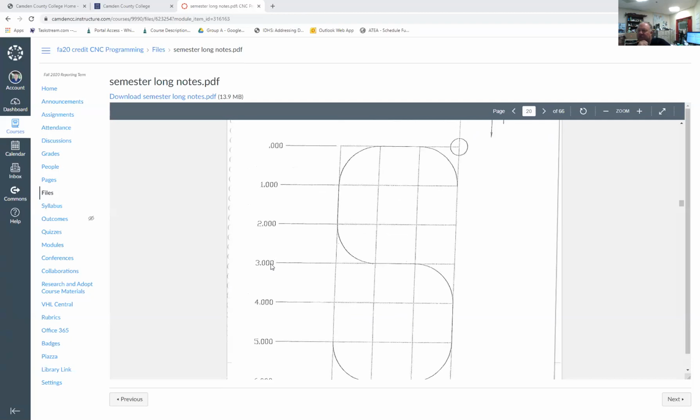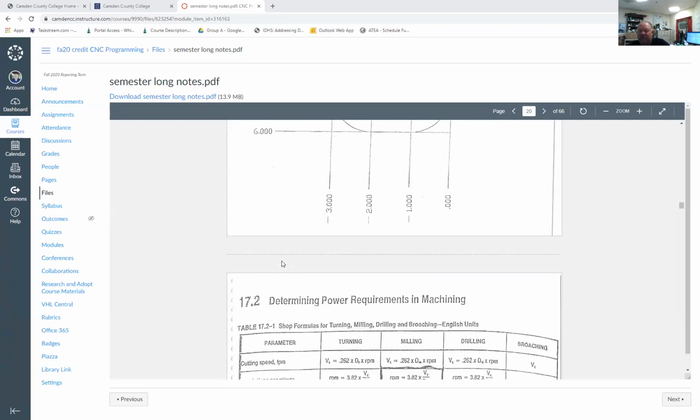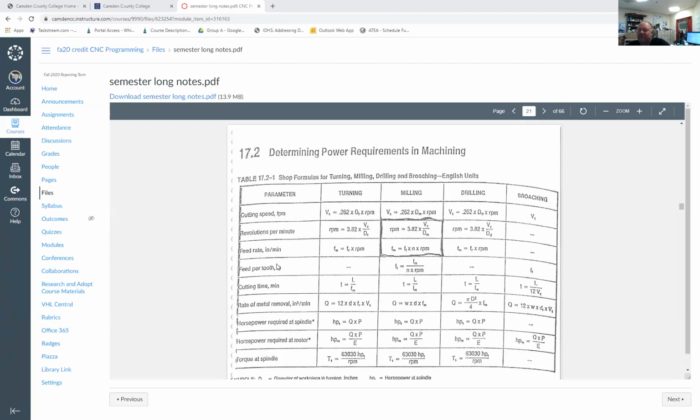You guys have just been working on the S, or should be working on the S, in order to determine definition of profile. And what is a definition of profile? But down in this section here, determining power requirements, notice I put a square around the important variables and their formulas for calculating RPM and feed rate.